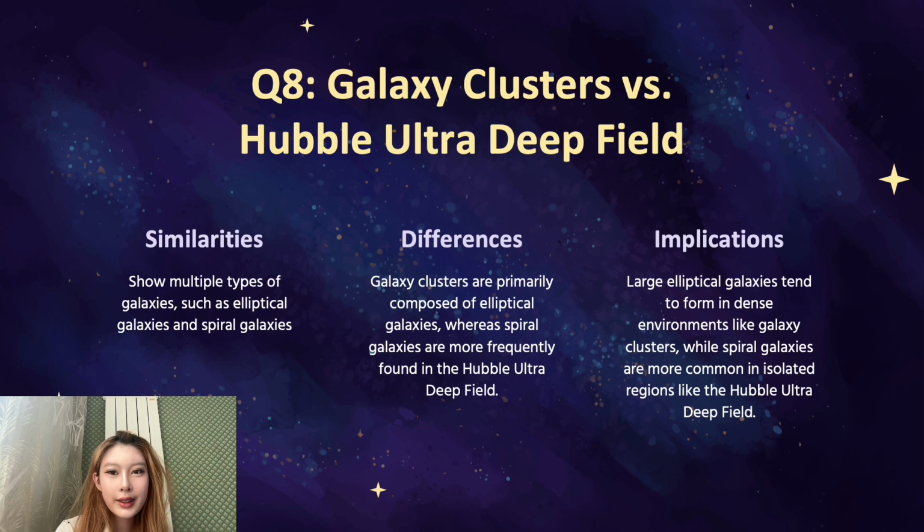Considering the high-density nature of galaxy clusters and the relatively isolated nature of the Hubble Ultra Deep Field, we might conclude that large elliptical galaxies are more likely to form in dense environments like galaxy clusters. On the other hand, spiral galaxies are more likely to develop in more isolated environments, such as the Hubble Ultra Deep Field.